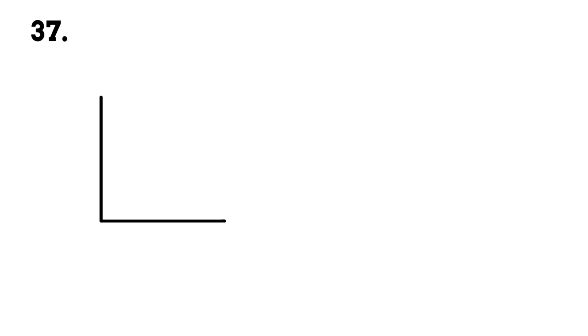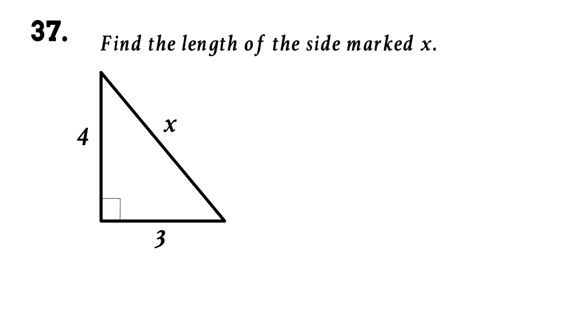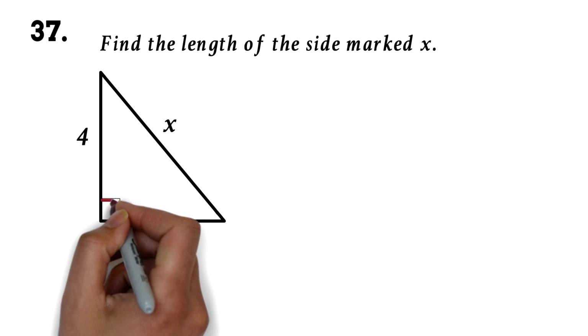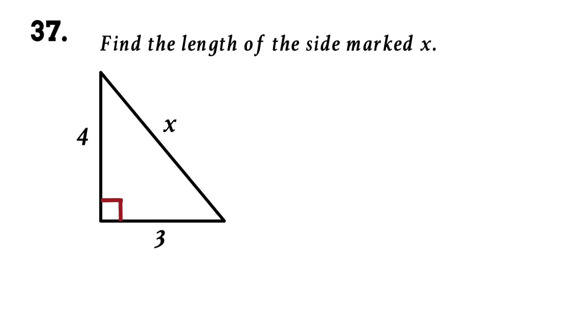Question 37. Find the length of the side marked X. When you see this mark here, it means it's perpendicular, or simply put, the angle is 90 degrees. Sometimes you will be told it's a right triangle and no angles will be given. You should know that right triangles have one angle being 90 degrees.